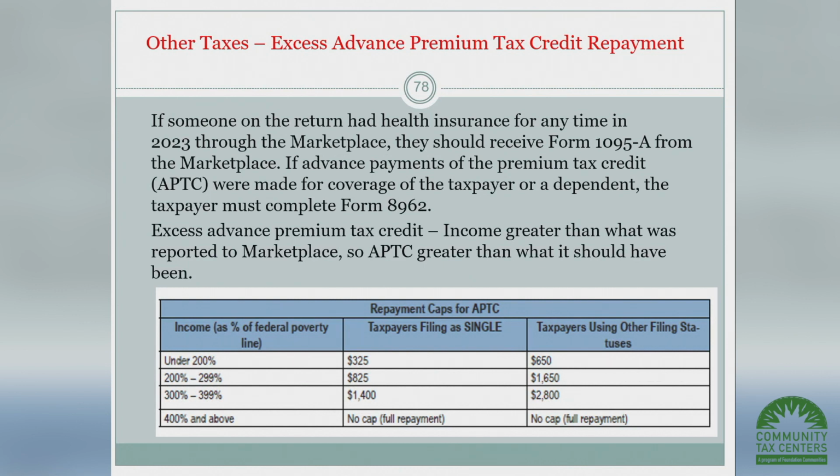And so the excess advance premium tax credit. The marketplace, the 1095-A, works in two ways. It can be seen as a credit or it can be seen as a tax. The 1095-A is your marketplace insurance account. How it works is, when they set up these accounts, they project the amount of benefits you receive based on the amount of income that you would make throughout the year.